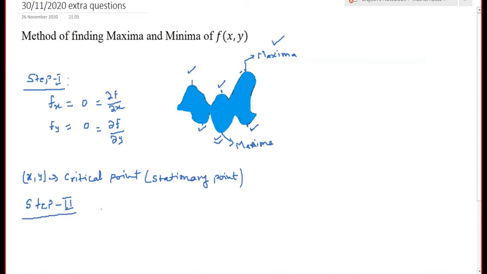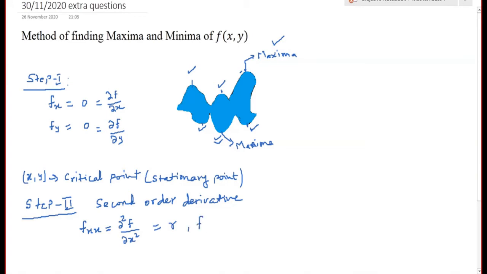In step 2, we go for the second order derivative, also known as the second order derivative test. You have three types of second order derivatives. First is f of xx, which is del 2f upon del x square, and symbolically we write it as r.